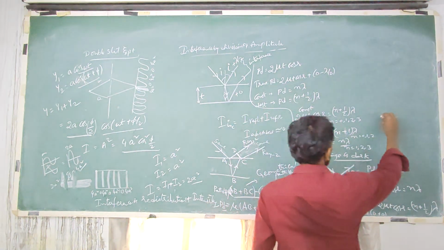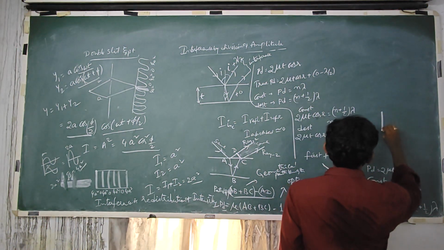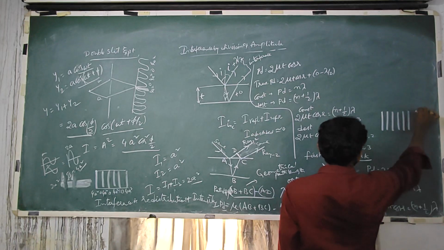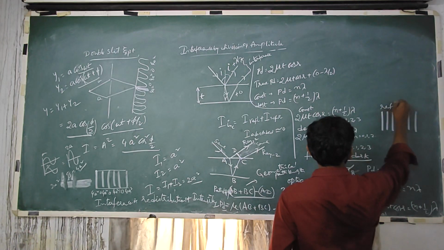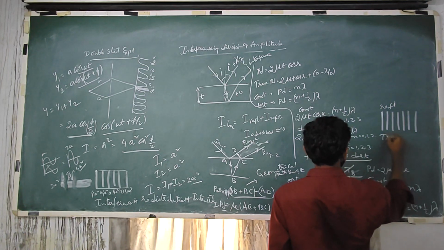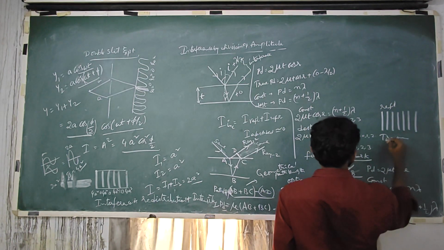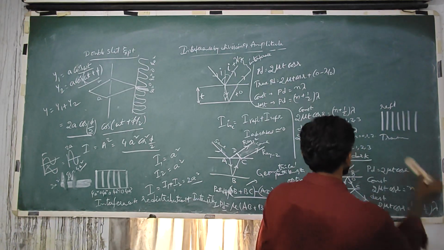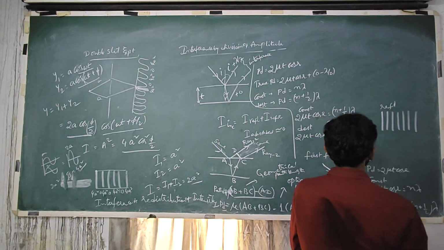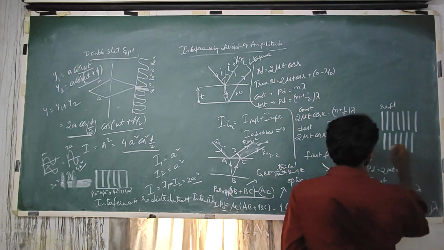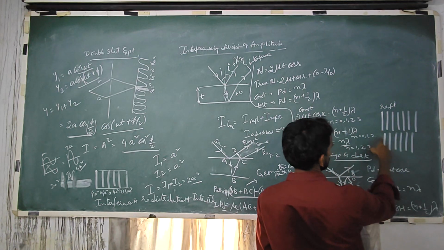So whatever pattern that you see during reflection, let's say the interference pattern in reflection is this. The transmitted wave pattern will be, it is just the opposite. So wherever you have constructive interference, you get destructive here.